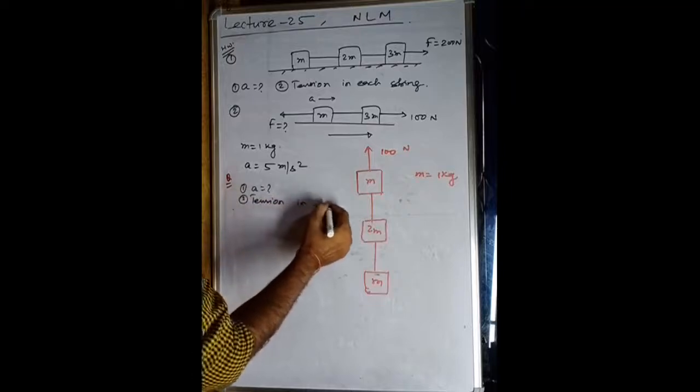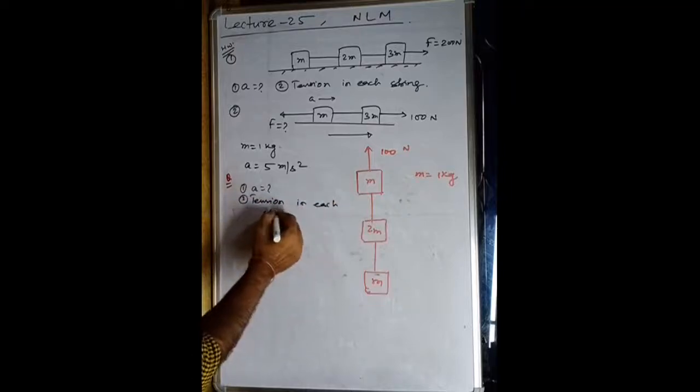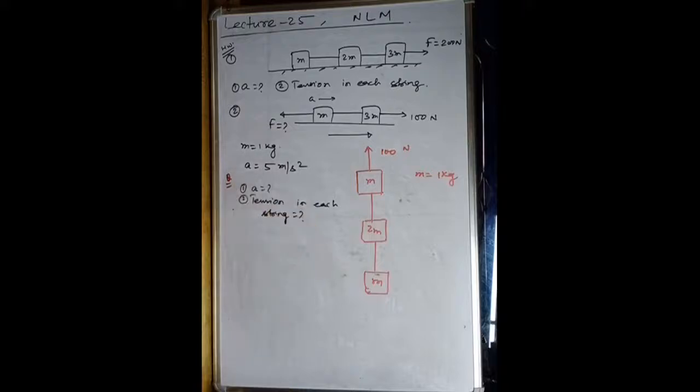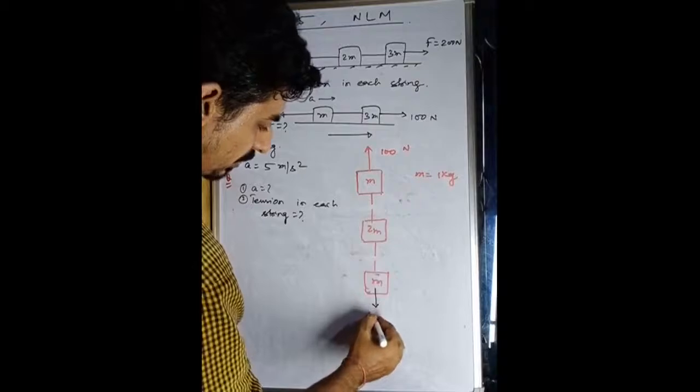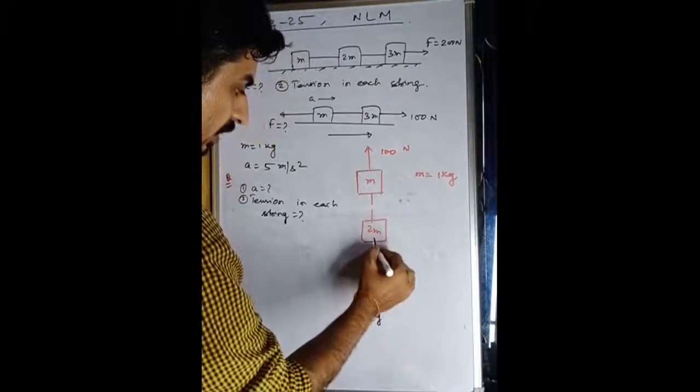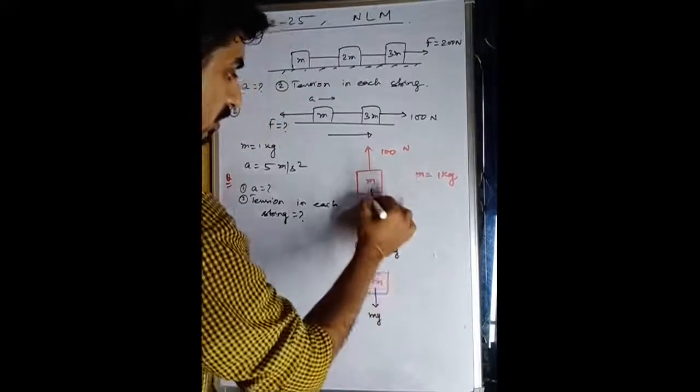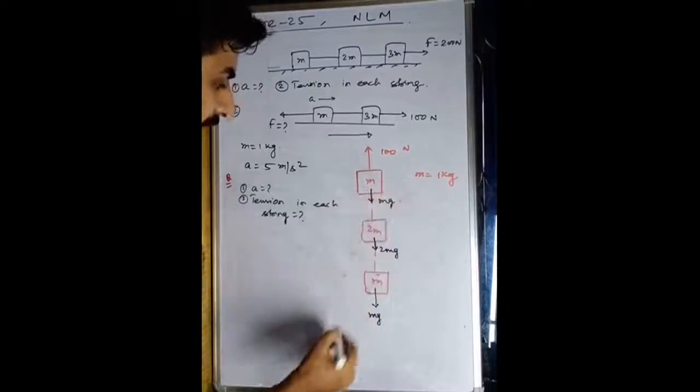Tension in each string. So let me solve this question. First we will do the free body diagram. Here in the free body diagram we represent weight: here 2mg, here mg again, and the tension.